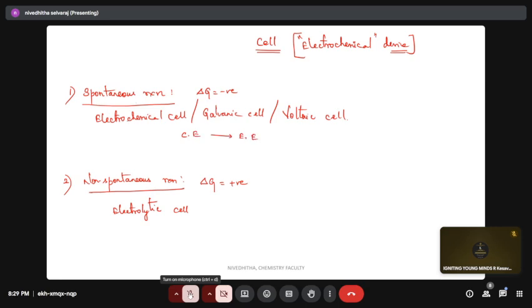So in this kind of cell, chemical energy is getting converted into electrical energy. That is why we are using the cell as a power source.